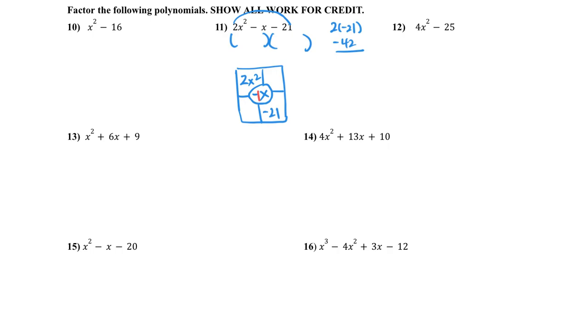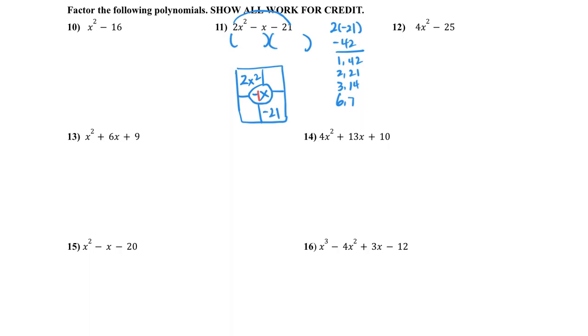And you can just do a systematic list: 1 times 42, 2 times 21, 3 times 14, 4 does not go in there, 5 does not go in, but 6 does, 7 times.